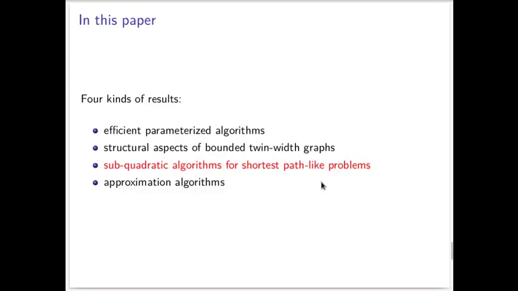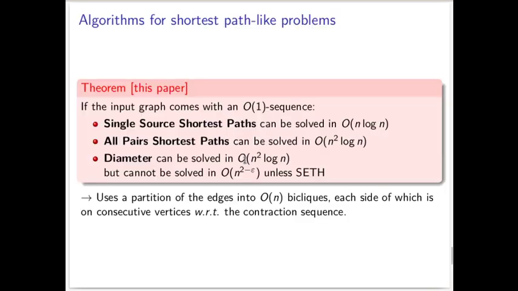So I will now mention the other results we have in the paper without too much detail. The first one is about shortest path-like problems. For these results, we still use our contraction sequence, but we use it in order to partition the edges of the input graph into a linear number of bicliques, each side of which is on consecutive vertices with respect to the contraction sequence.